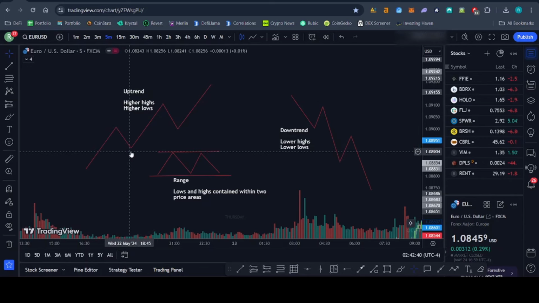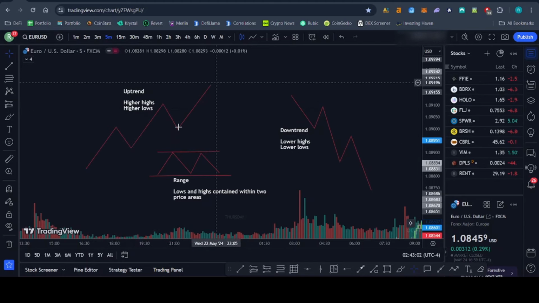Now, this low is not confirmed yet until this high is broken and closed above. What do I mean by that? Well, the price pushes up in this example and closes up here. This is higher than this high, which means this higher low is confirmed as a higher low.